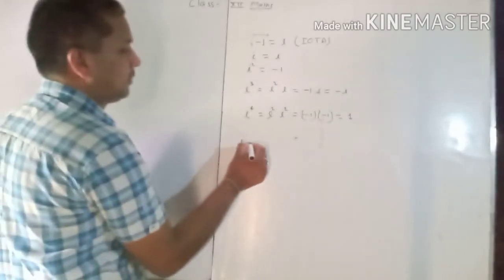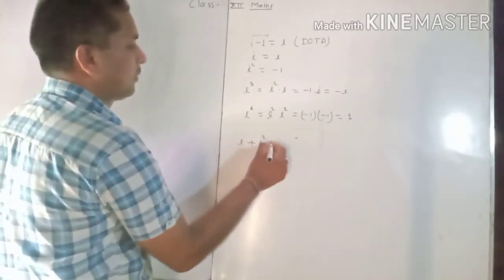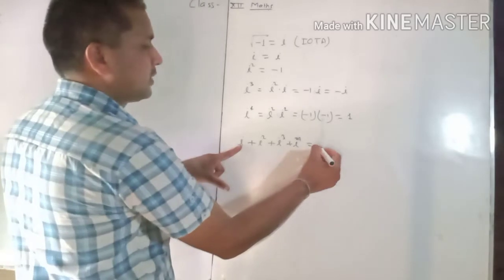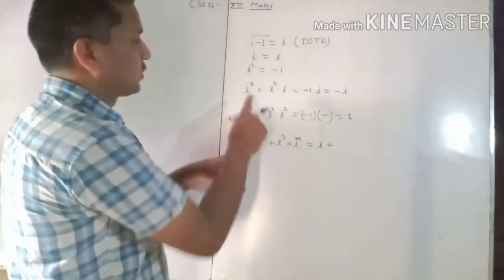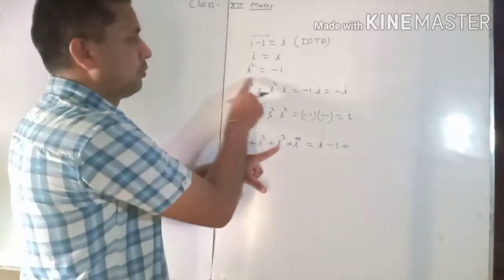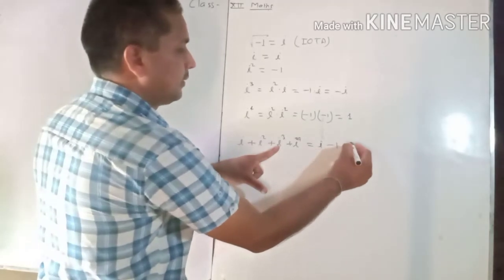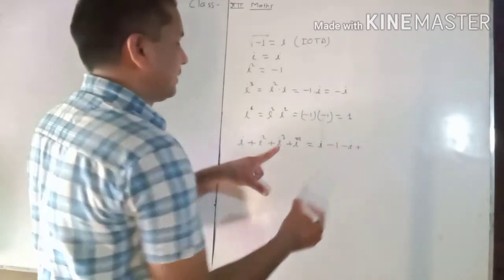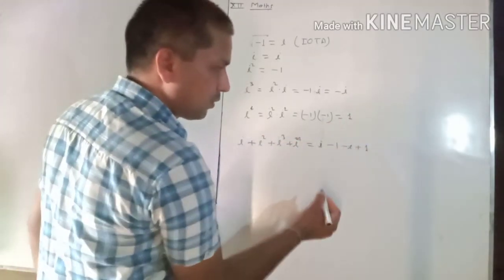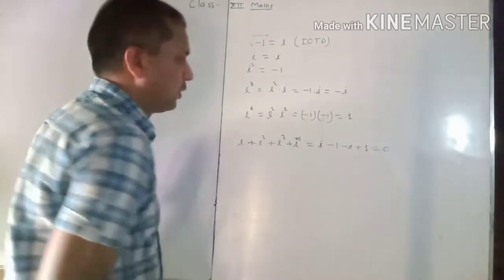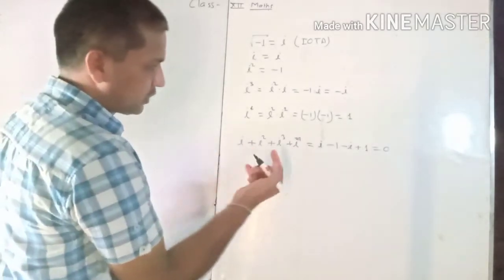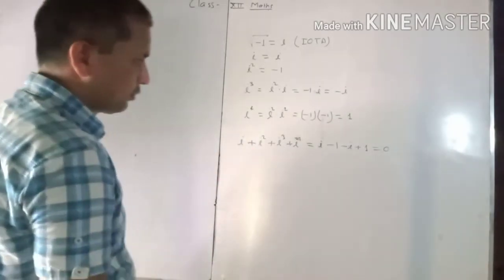Here i plus i square plus i cube plus i to the power 4 is equal to i, plus i square means minus 1, plus i cube means minus i, plus i to the power 4 means 1. So 1 minus 1 and i minus i we get 0. Means the sum of 4 successive powers of i is equal to 0.